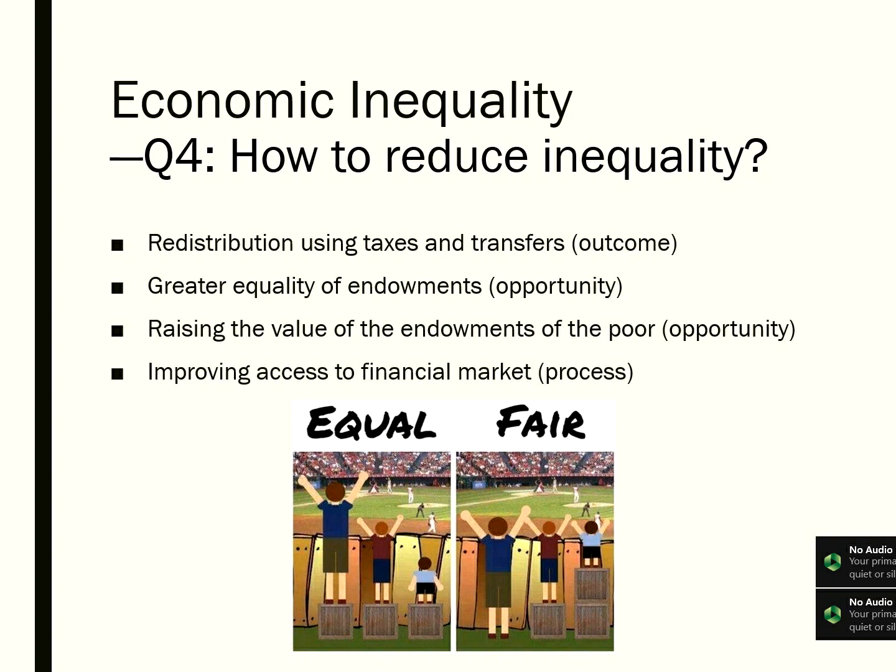To encourage a fairer economic system, it is necessary to encourage greater equality of endowment and raising the value of the endowments of the poor. This is to increase the equality of opportunities. And with equal opportunity, the equality can then be achieved automatically.